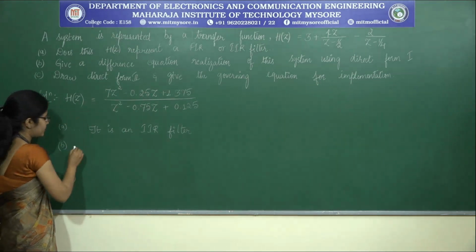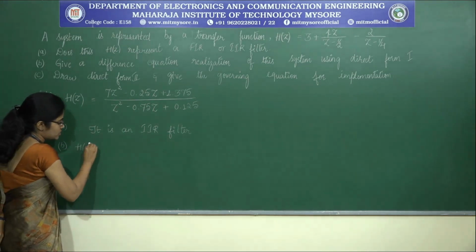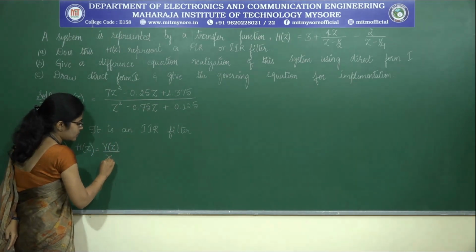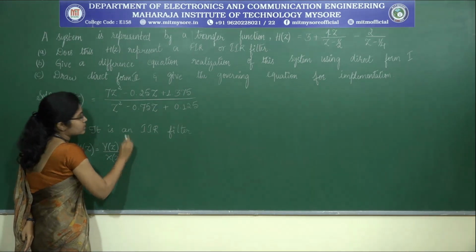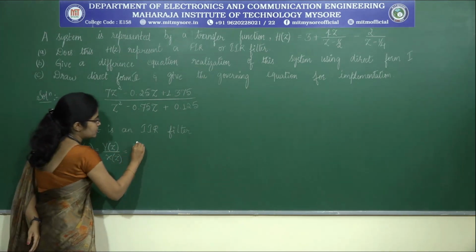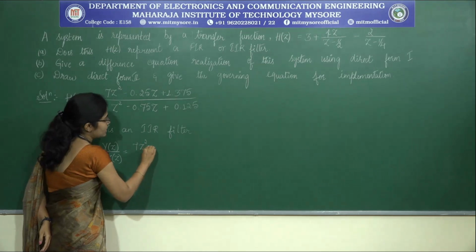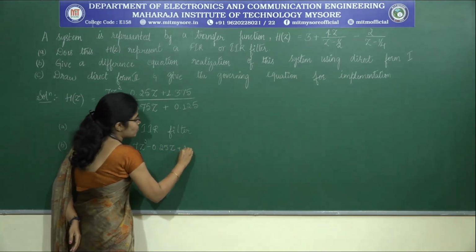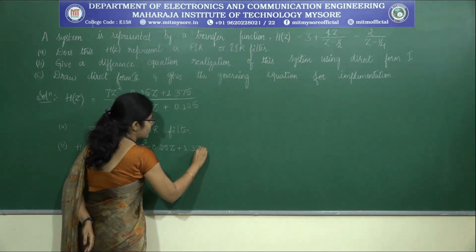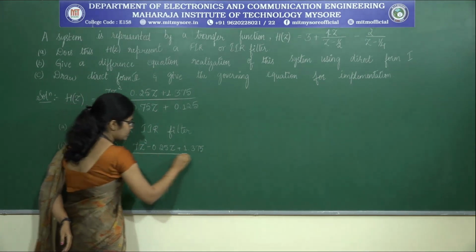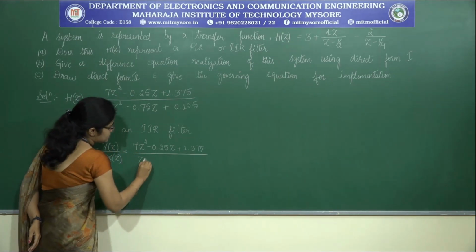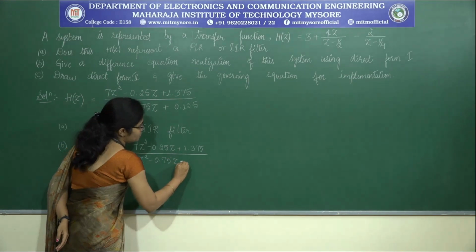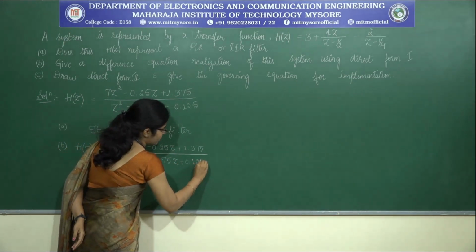For that I will rewrite H(z). What is H(z)? We know it is equal to Y(z) by X(z). So this is equal to the given transfer function, that is (7z^2 - 0.25z + 1.375) divided by (z^2 - 0.75z + 0.125).